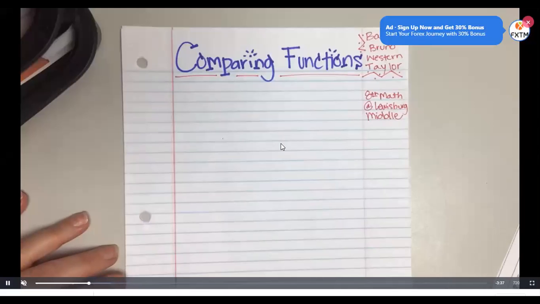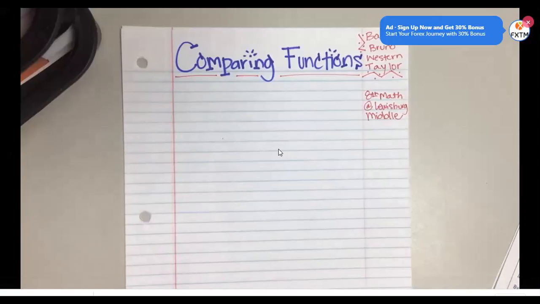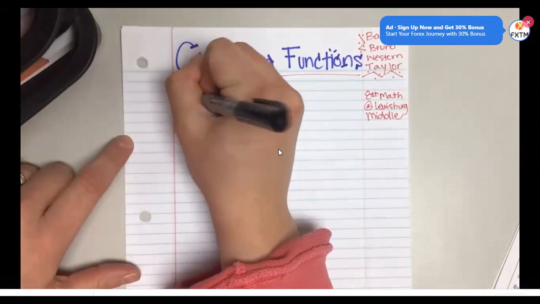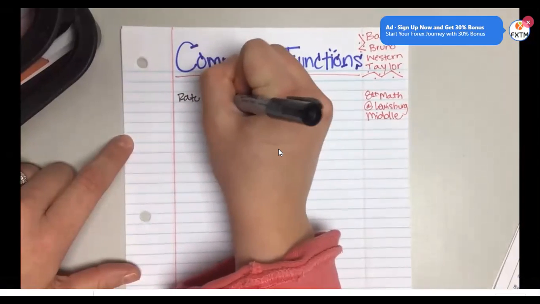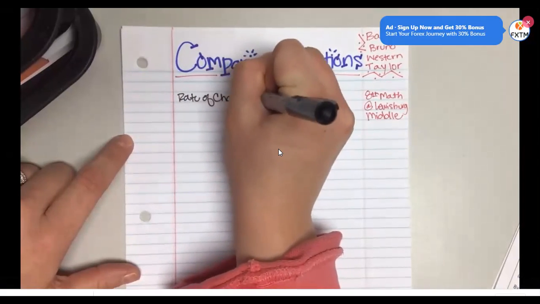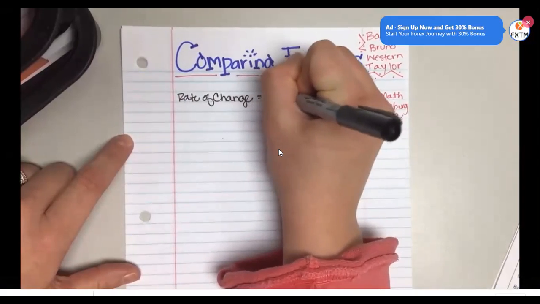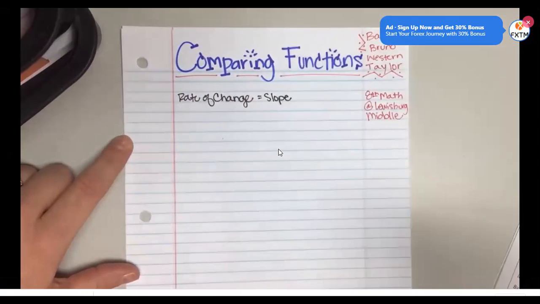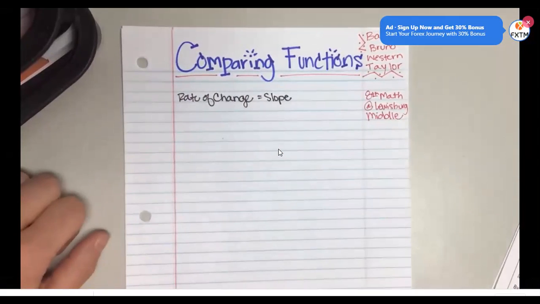So we were talking about the slope to compare between any two functions. We have to compare between the initial value and the slope. And we said that the slope means rate of change, and we have to find the unit rate.